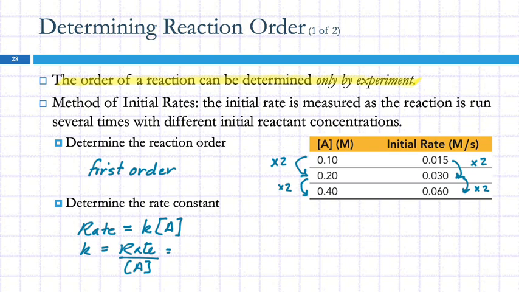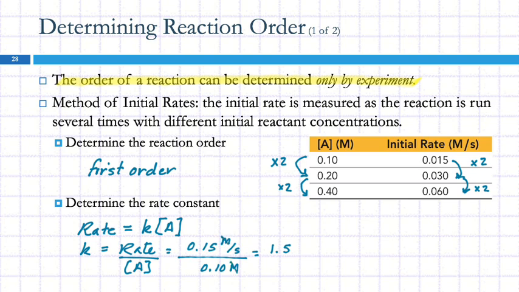So let's just pick the first row there. The initial rate is 0.15, and the units of rate are always molarity per second. And we'll divide by the initial concentration, which is 0.10 molar. And so we end up with 1.5. And what about those units?